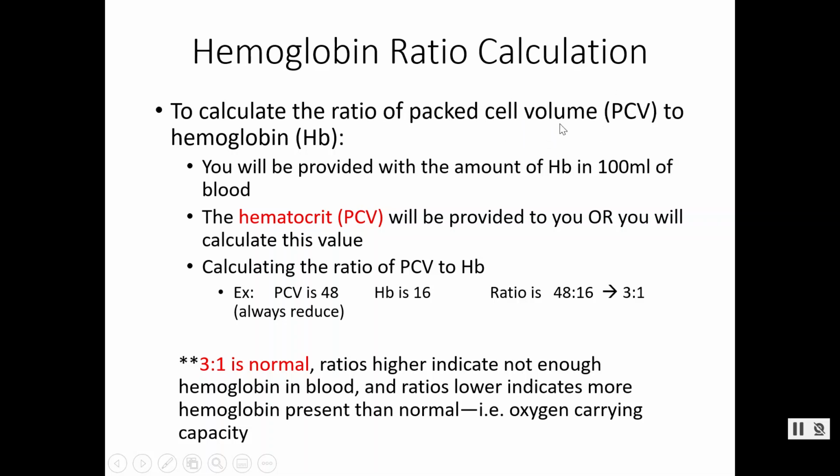This is your hematocrit because these cells that we're talking about are your red blood cells. So we are going to compare your hematocrit to your hemoglobin. We're going to tell you how much hemoglobin you have and what your PCV is, and we just want you to calculate a ratio. Your hematocrit is just your PCV. This is the same thing.